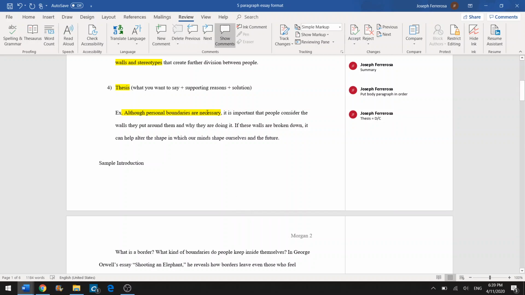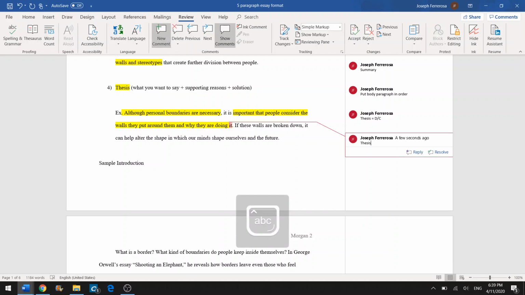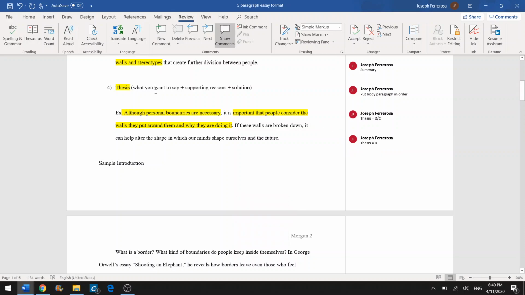Although personal boundaries are necessary, this lets me know you're talking about personal boundaries. It is important that people consider walls they put around them and why they are doing it. This now is a B thesis, because what is it doing? It tells me you're talking about personal boundaries and you gave 2 supporting reasons.